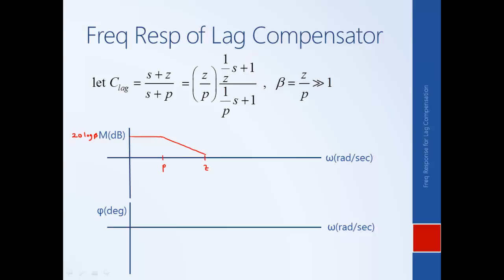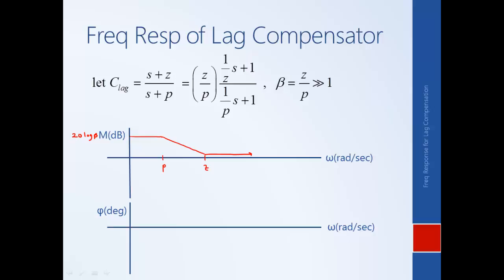So when the 0 comes in, we'll have a slope of 0 due to the gain, a slope of plus 20 due to the 0, and a slope of minus 20 due to the pole. And so the plus 20 and the minus 20 add to 0, and so the total slope is also 0. And so this is the basic shape of the magnitude plot of the lag compensator.